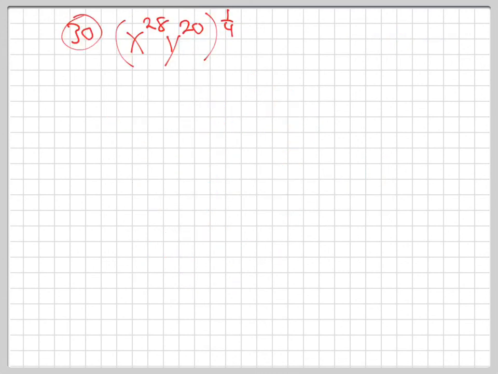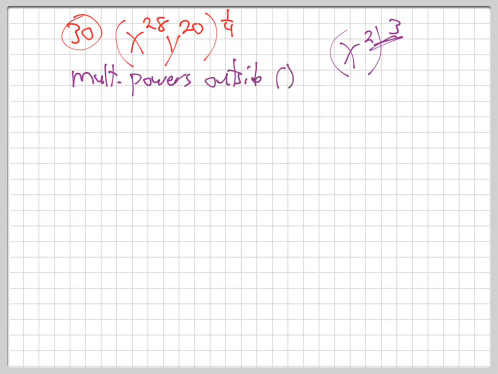Okay, so what happens in this situation? We have things with powers and then a power on the outside. Does anybody remember? Like, what if you have x squared and then you have a 3 out there? Do you add the 2 and the 3 or do you multiply them? Yeah, you multiply. You multiply powers outside parentheses with powers inside parentheses.